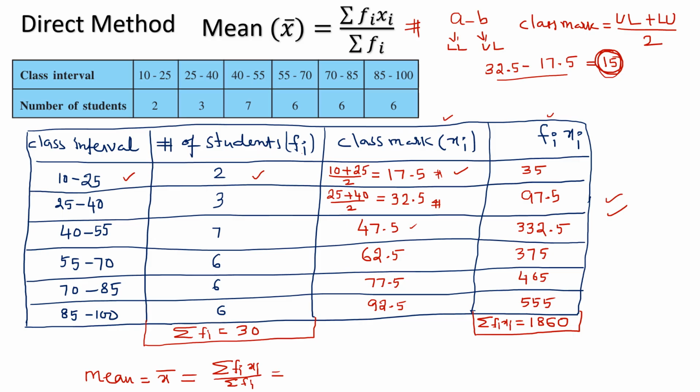In the numerator the value is 1860, divided by the total number of observations, 30. So the 0s get cancelled. 3 sixes are 18, 3 twos are 6, so the mean for the given data is 62. This is the way we find the mean for grouped data with class intervals. Clear?